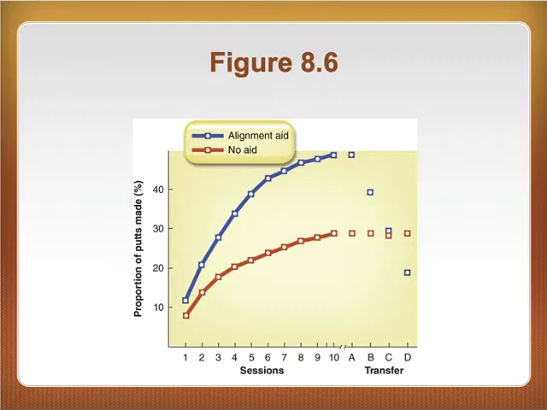By trial D, their putting percentage went all the way back down. So what we would say is that the alignment aid was a temporary improvement, whereas without the aid, just the regular practice was a relatively permanent change.